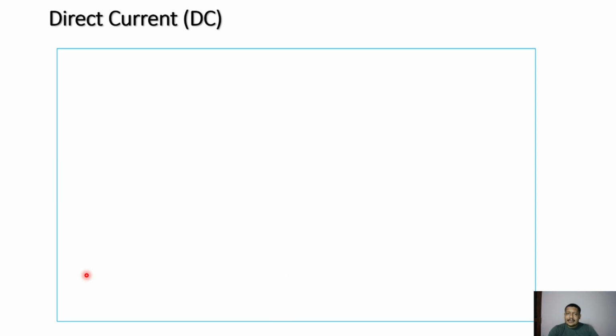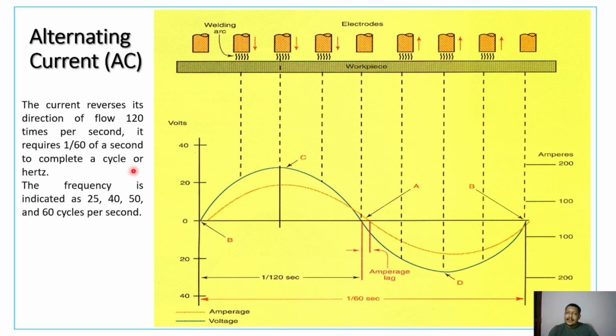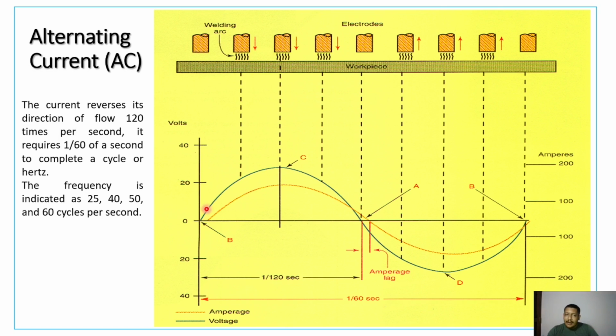So with AC current, as I told you, one half is positive and the other half is negative. If I don't want that, I can go for DC. In DC mode, only either the bottom half or the top half will remain.